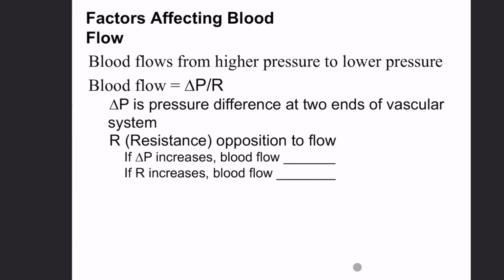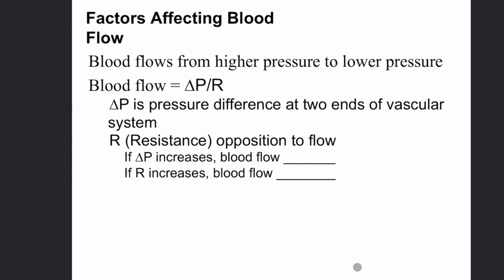We can define blood flow as delta P over R. So delta P is the pressure difference between the two ends of the vascular system. So like between the arterial end and the venous end. And R is the resistance or the opposition to flow.